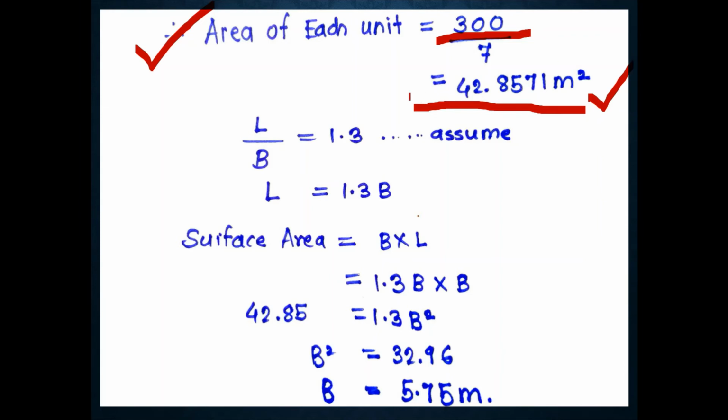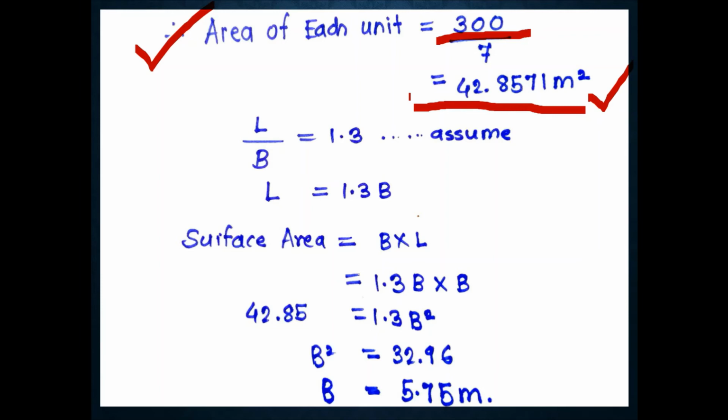Then one assumption we have to use, going from larger to smaller. The larger area we have calculated. Now by taking the reference of this area, we will calculate the length and the width of the corresponding filter media.